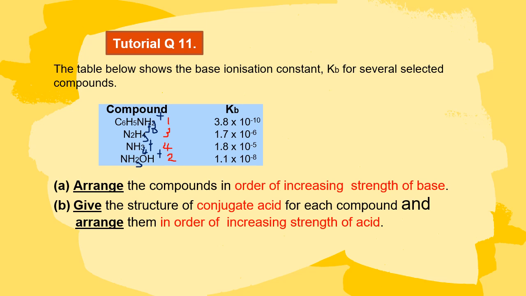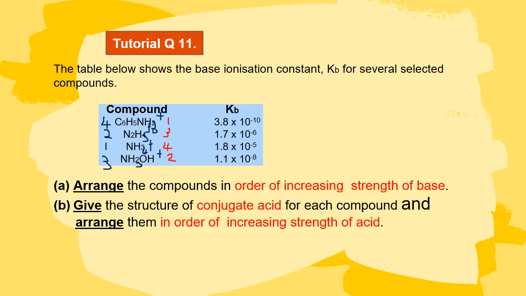Then arrange in increasing order of strength of acid. Just now this was the strongest base, meaning now it is the weakest acid. Sorry, this one is the weakest base, this is the strongest one, so this is number 4, and this is number 1, then number 2, number 3, number 4.